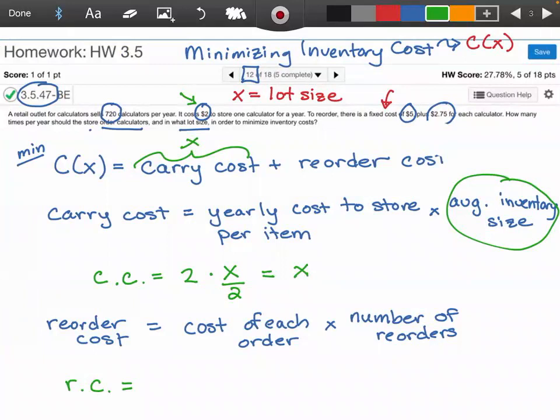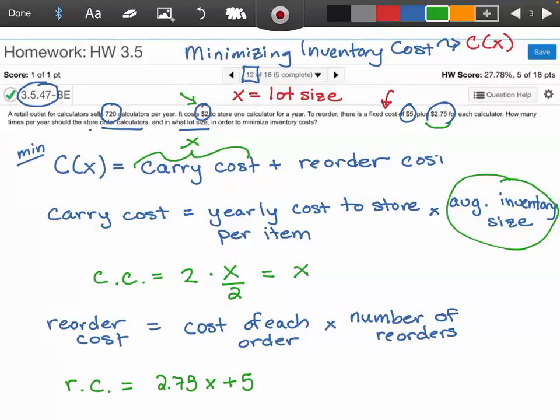X is the lot size. So our cost of each order is going to be the 2.75 times the number of calculators plus that $5. Because remember, there's that $5 fixed cost, what they're calling a fixed cost, but maybe it's a shipping cost, something like that. There's some handling fee for us to place an order.